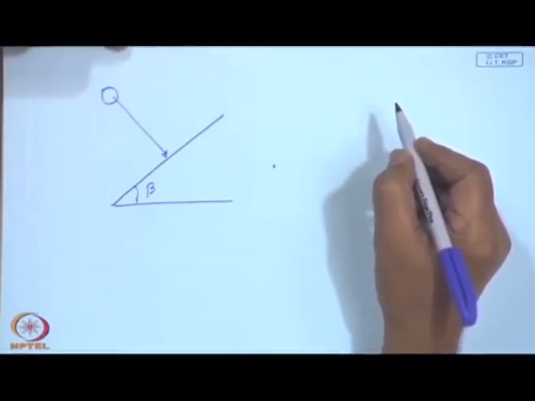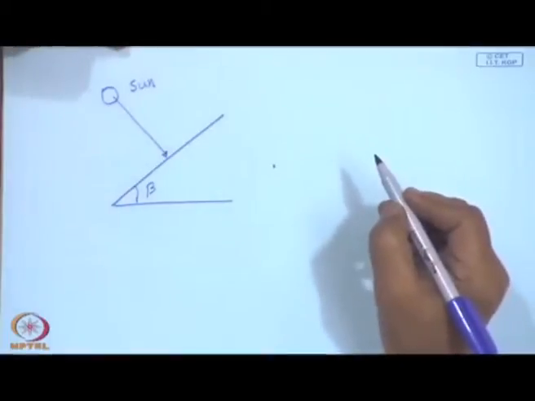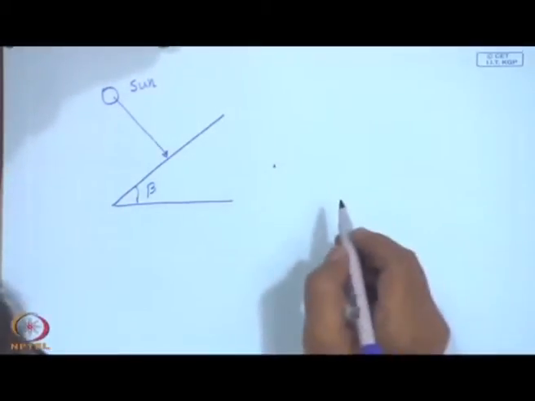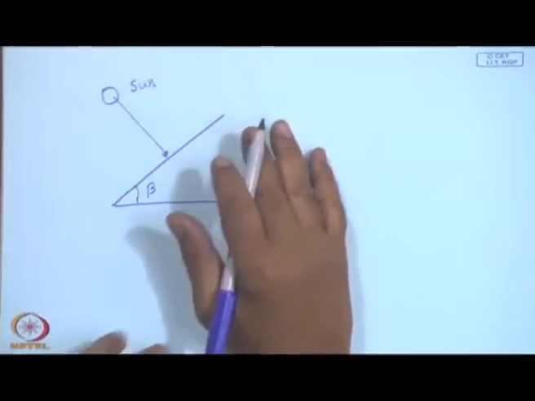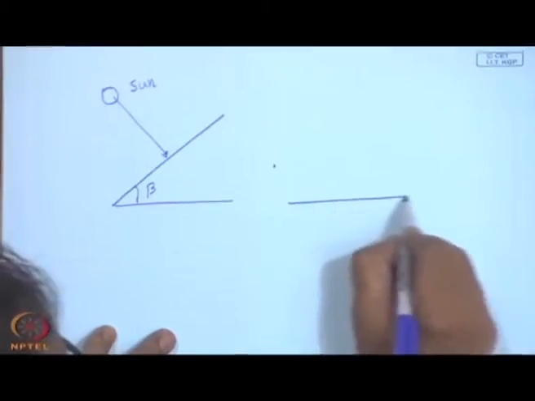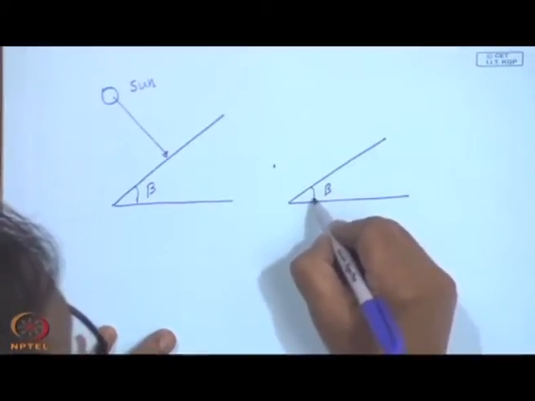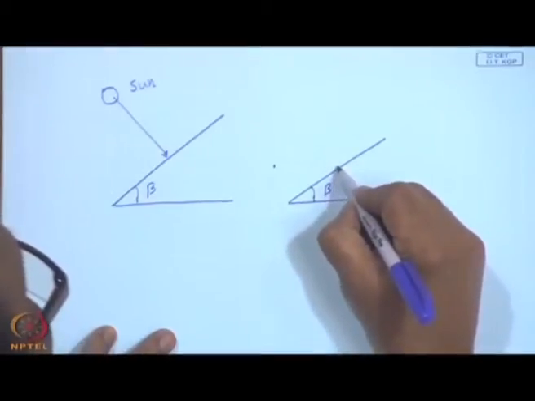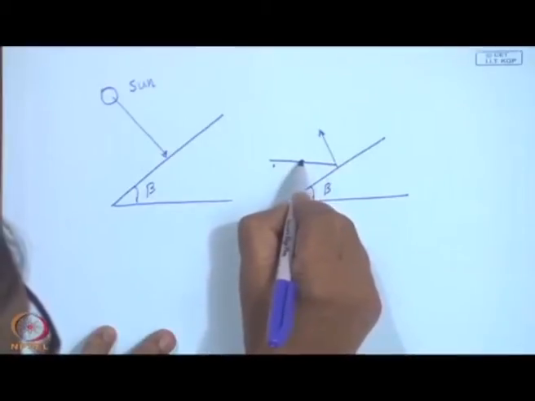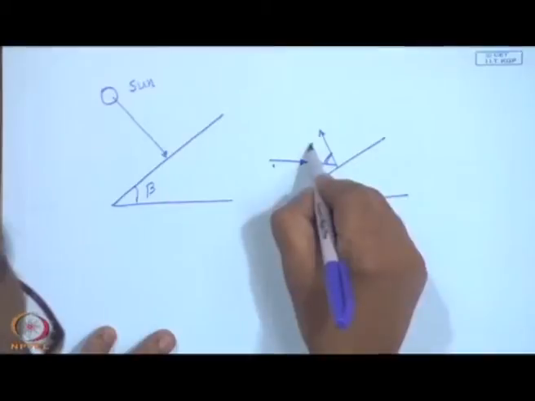So, if you want to keep it that way, you have to keep on tracking it, but nevertheless I may choose some sort of a slope beta. This is the outer normal to the surface, the sun's ray may be like this and the angle of incidence being theta.